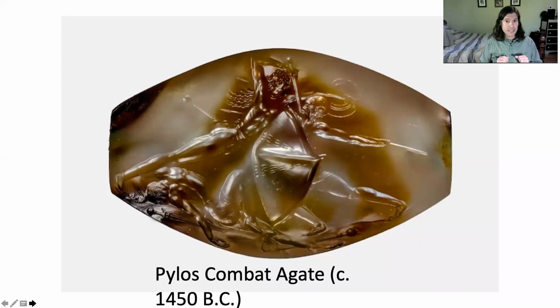Take a moment just to appreciate the incredible anatomical realism. If you look at the torsos of the bodies, or if you look at the musculature of these figures, incredible detail. Again, this is a small object.